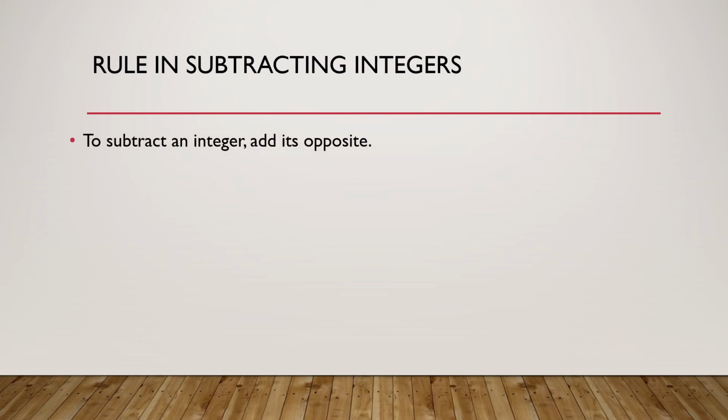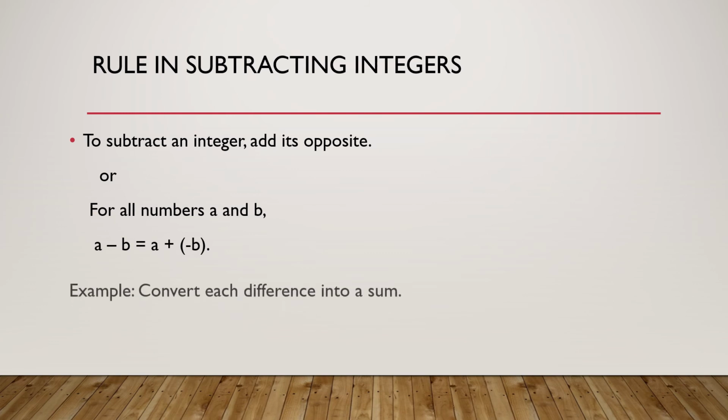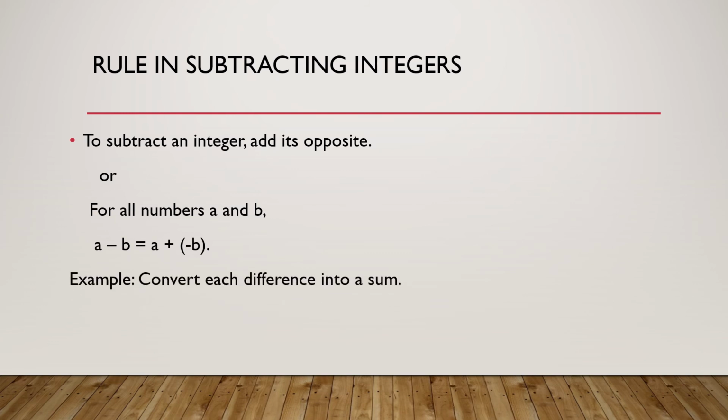To subtract an integer, add its opposite. Or, for all numbers a and b, a minus b is equal to a plus negative b. Convert the difference into a sum.